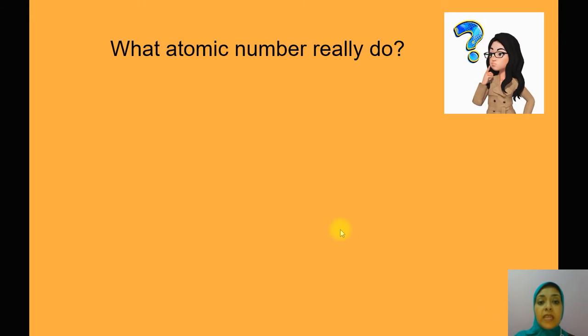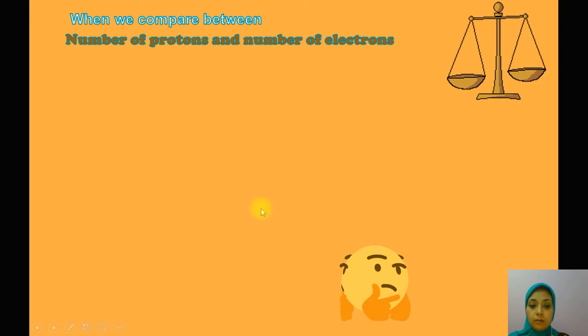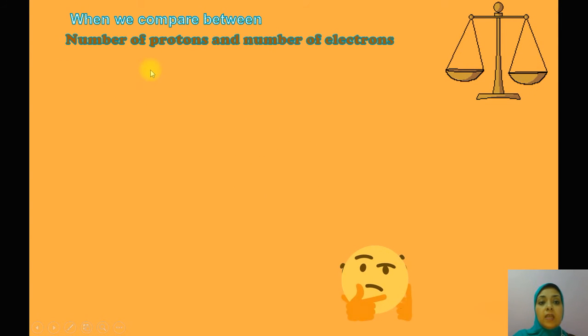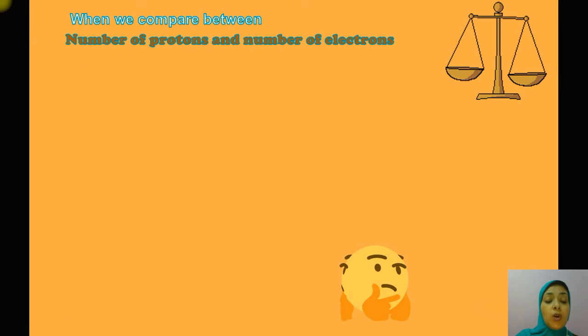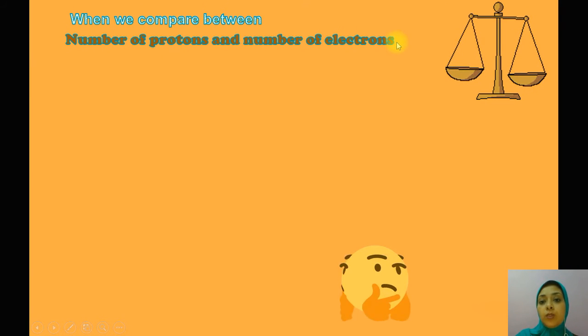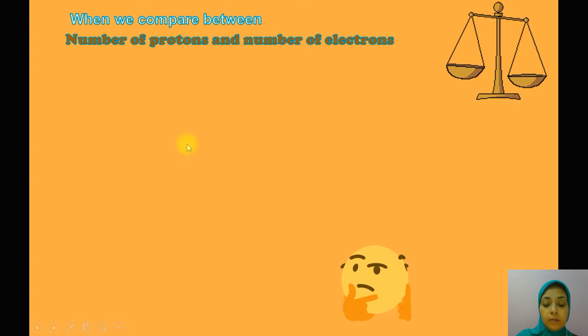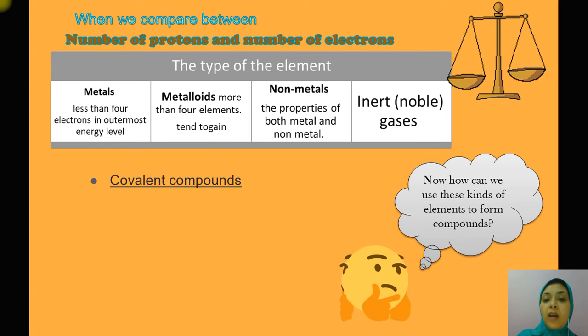So what does the atomic number really do? The number of protons, or the atomic number, is used to compare between the kinds of elements. When we compare the number of protons and the number of electrons, it will form the kinds of elements.